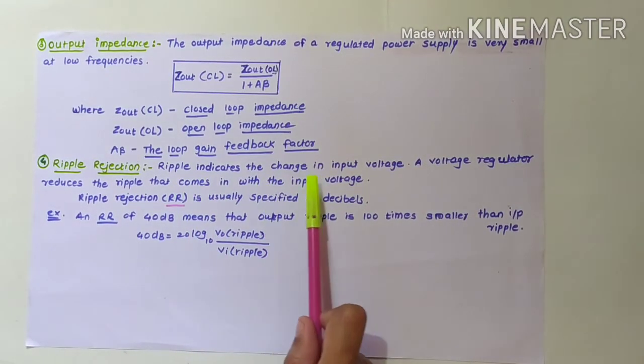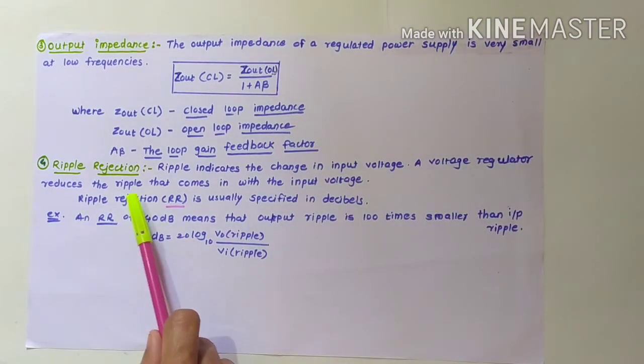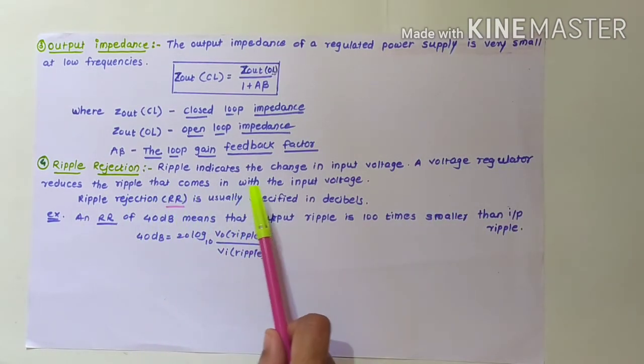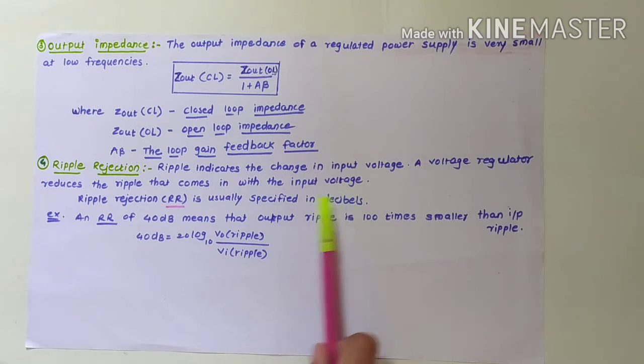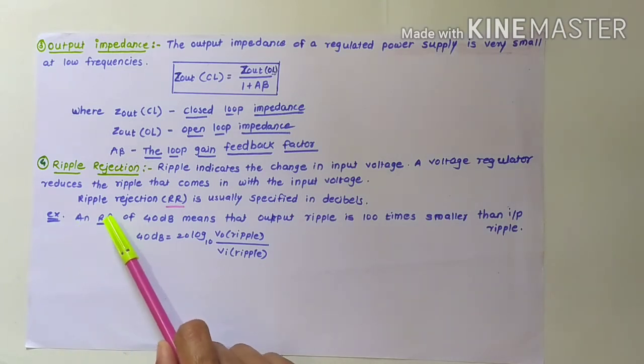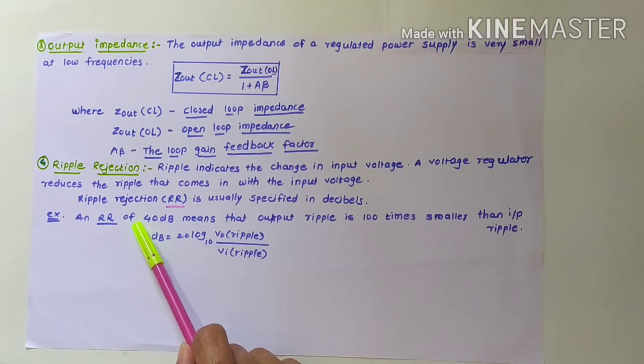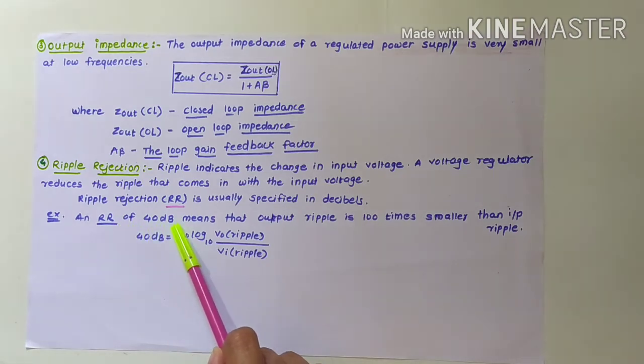Ripple indicates the change in input voltage. A voltage regulator reduces the ripple that comes in with the input voltage. So, the ripple rejection is usually specified in decibels. Here you can observe a ripple rejection of 40 dB.